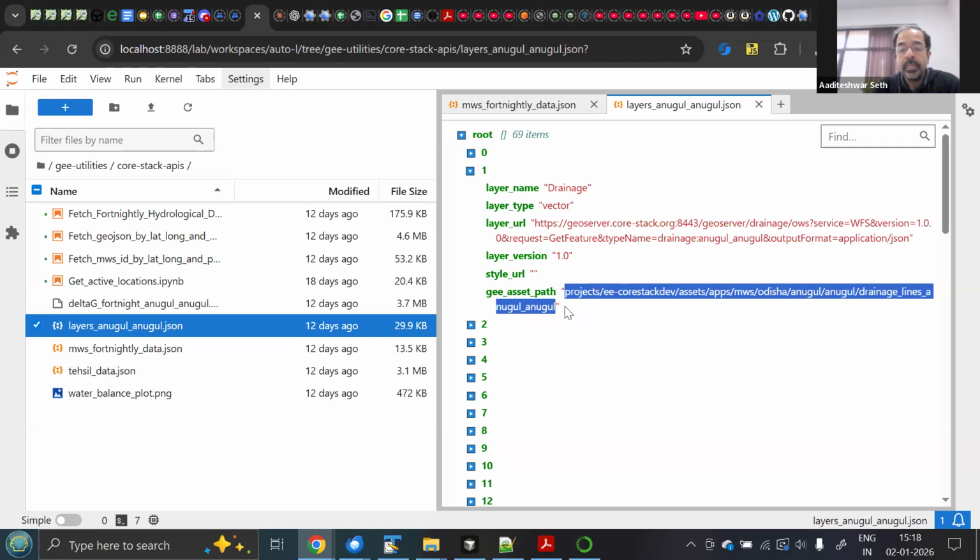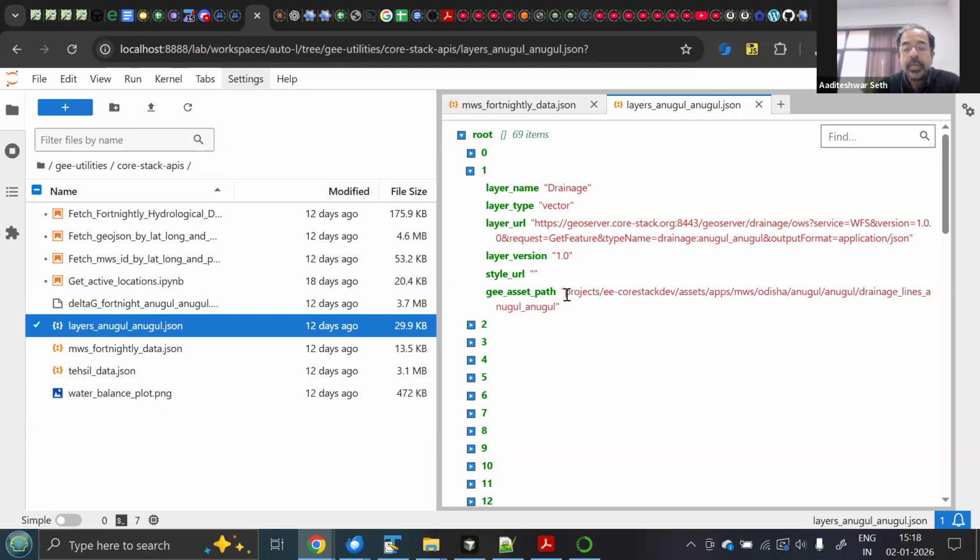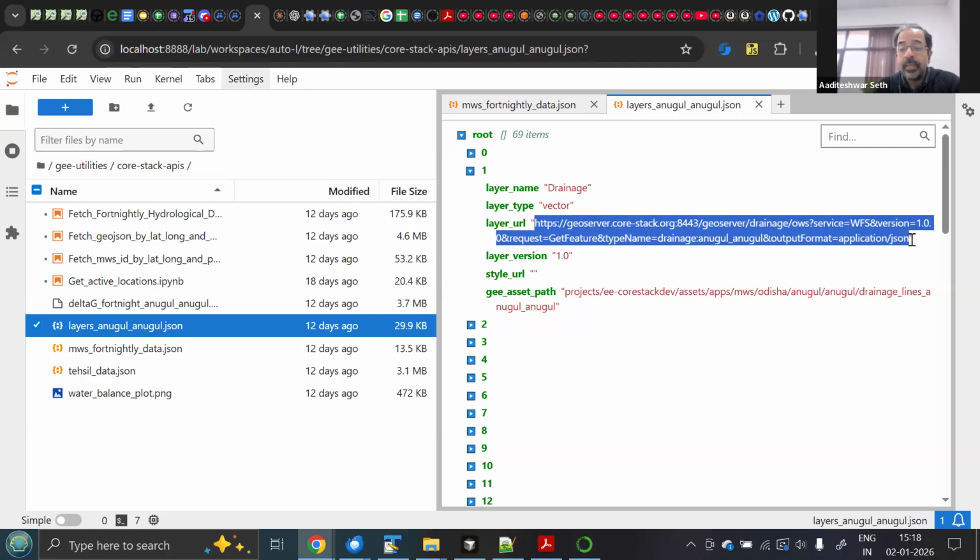If you want to do the processing using Google Earth Engine, you can use the asset path that's given over here. But you can also do the processing locally using libraries like rasterio or GDAL, and you can download the layers from here. You can get the layer information through the APIs.